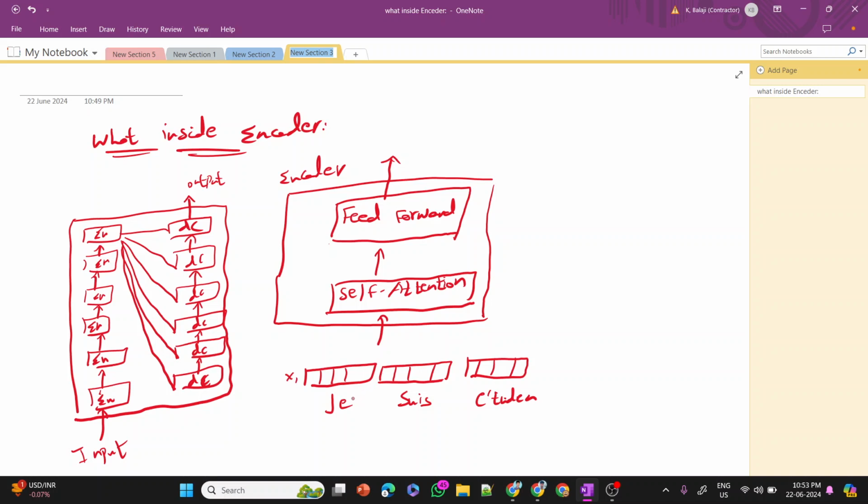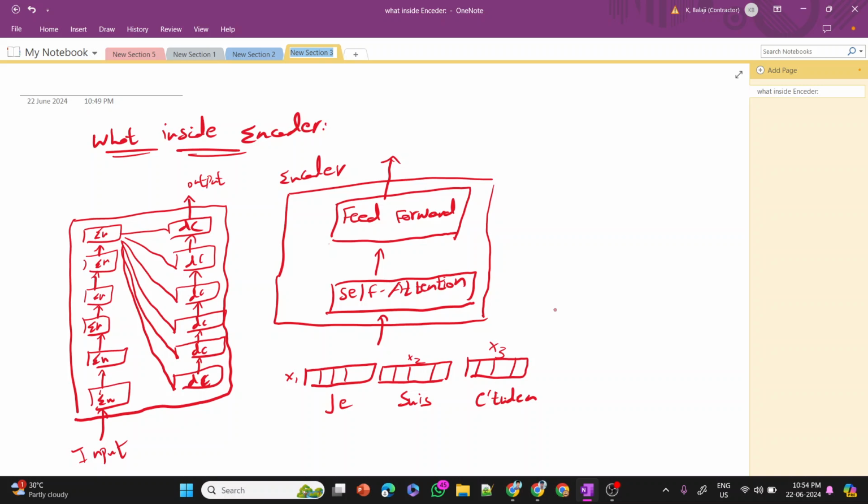The first word of the sentence is X1, the second word is X2, and this one is X3. Initially, the first step of the transformer is that the inputs are converted into some dimension using an embedding technique.